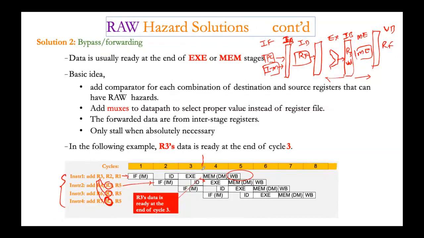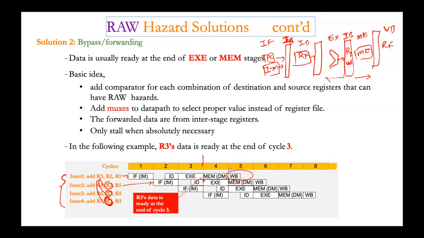That removes the stalling. The first instruction's result, from this inter-stage buffer, is utilized by this instruction to execute. The same value is forwarded to write back in that register.